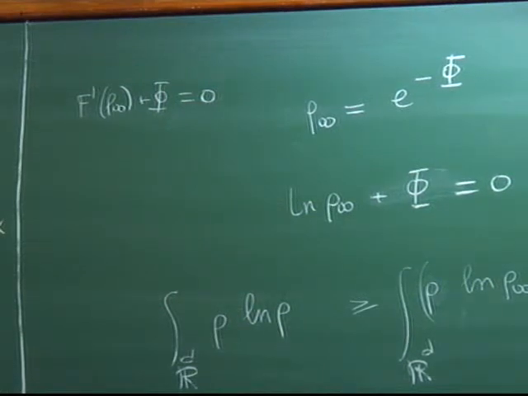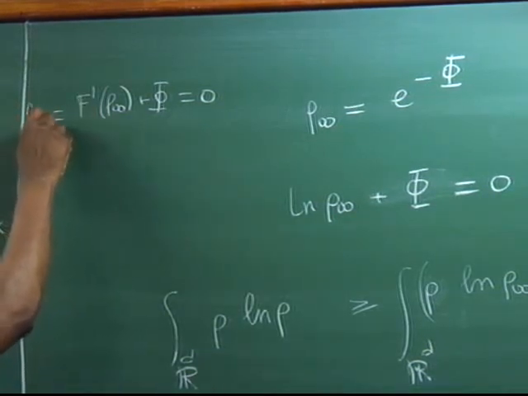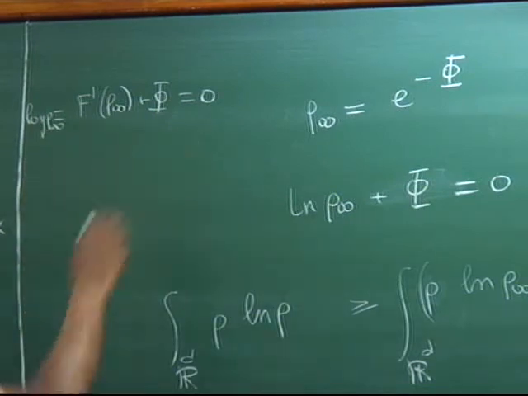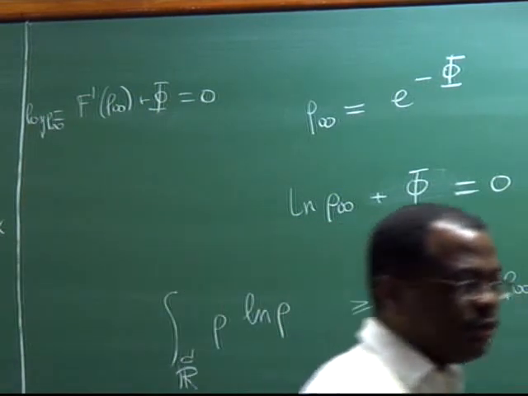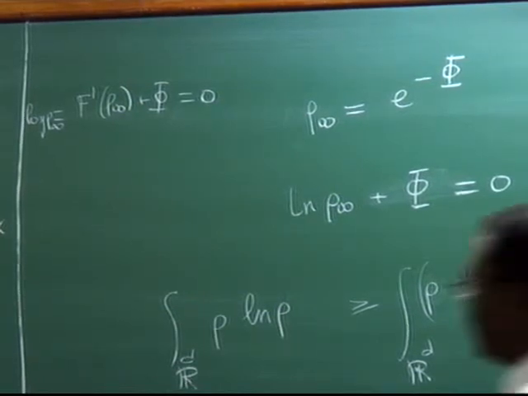Yes. It's no longer this e to the minus phi. Yes, so if this was log of rho infinity, then you get e to the negative phi. So then you define this rho infinity by this equation, and then the relative entropy using this is what? It's rho, f prime of rho minus f prime of rho infinity.